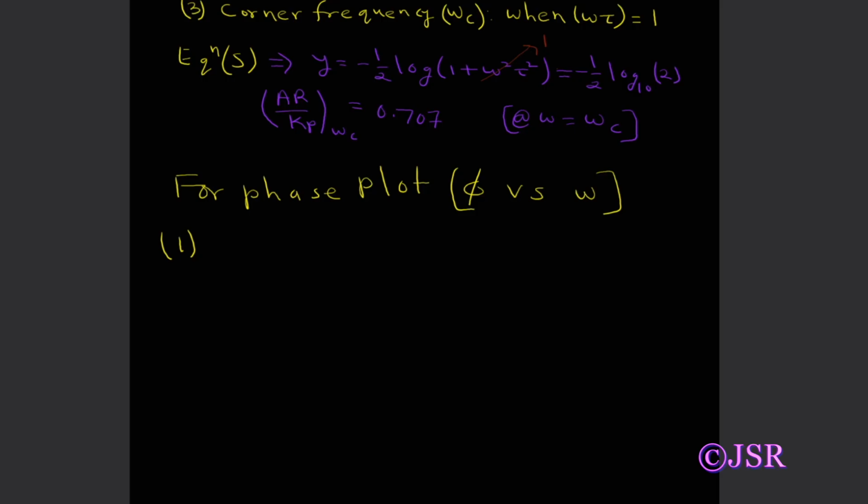So when omega tends to 0, in that case phi will be tan inverse of minus omega tau, and this omega tau equal to 0.